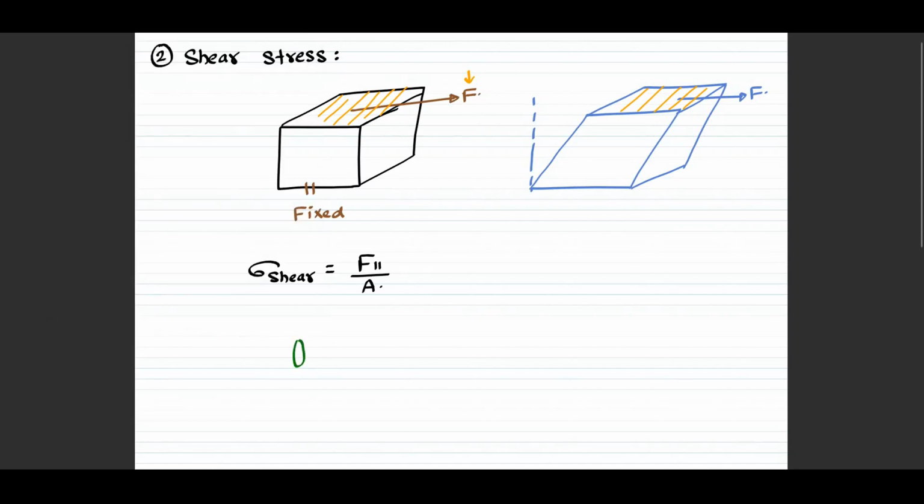If I take this case and if I apply forces like this, and if I take a cross section like this, at some angle theta, I ask you what is the stress on this cross section.